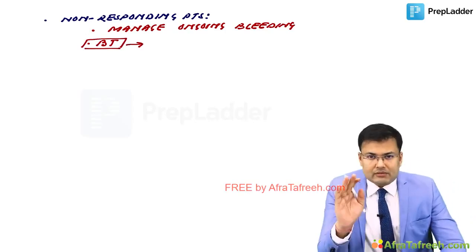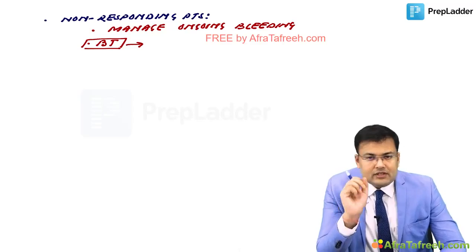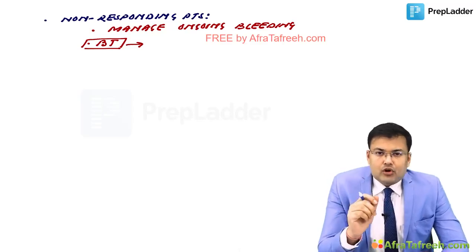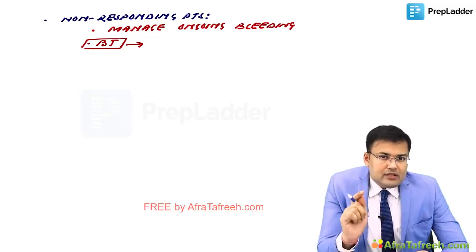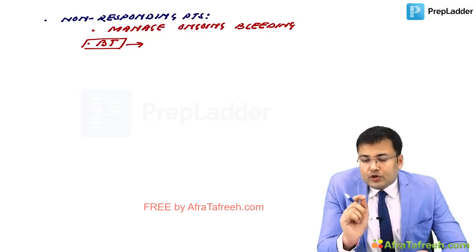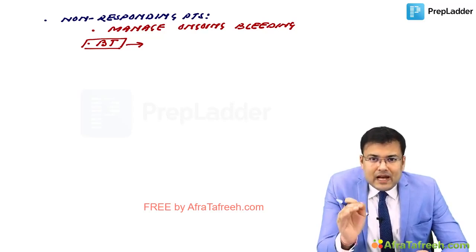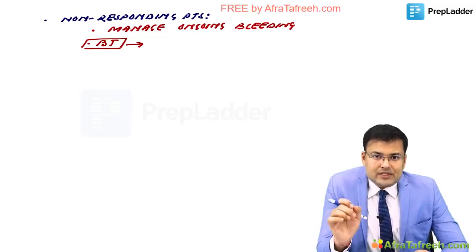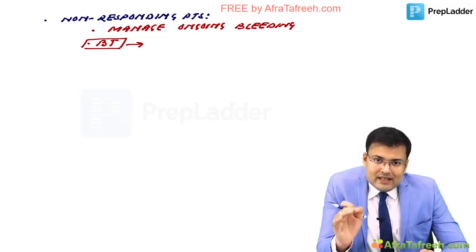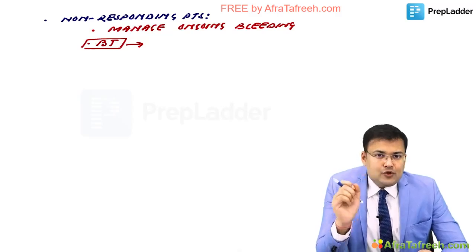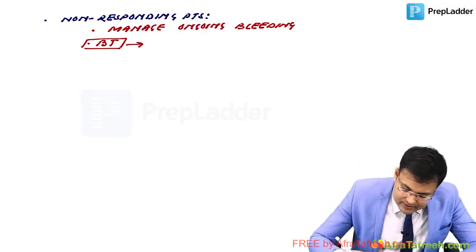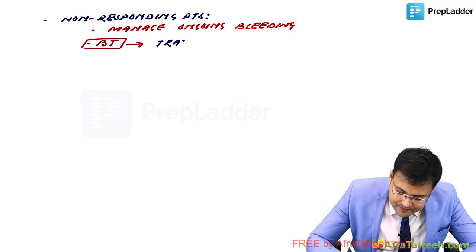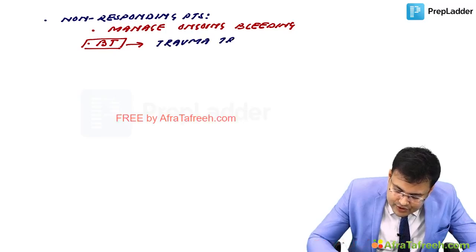Related to blood transfusion, for the last 3 years, one question is continuously being asked. And that protocol is the trauma transfusion protocol. According to this protocol, what should be the ratio of packed cell, plasma and platelets given to patients of trauma? It should be 1:1:1. Clear?